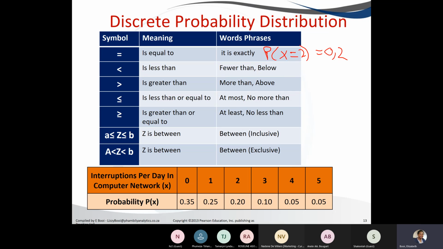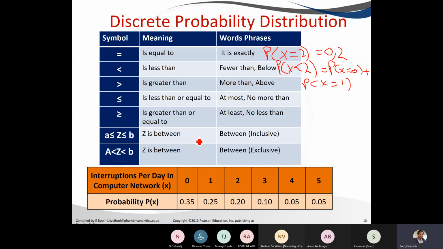If they say, what will be the probability that less than, or fewer than, or below 2? What will be the probability that there will be interruptions below 2 happening, or fewer than 2, or less than 2? Therefore, they are saying what is the probability that x is equal to 0 plus the probability that x is equal to 1.